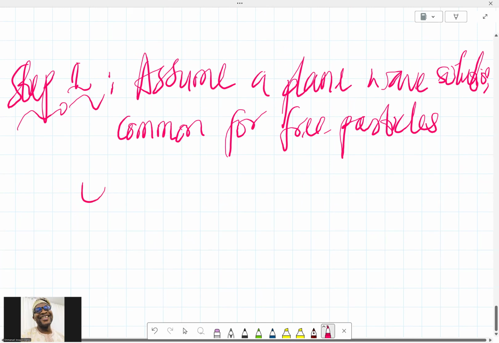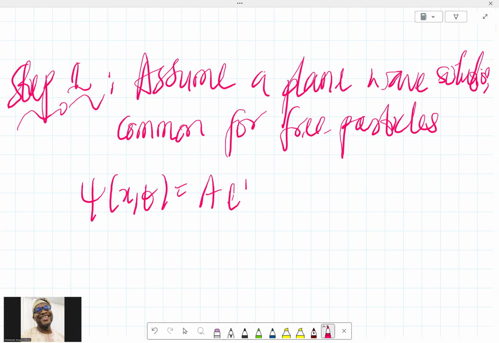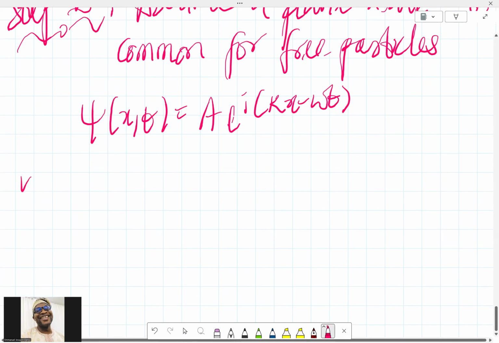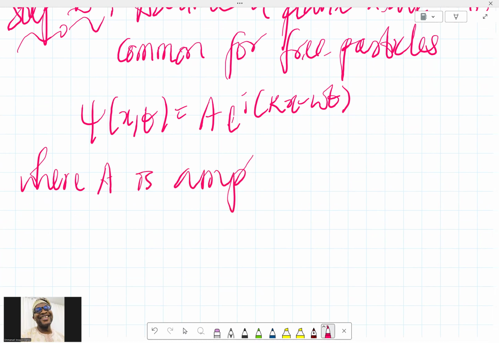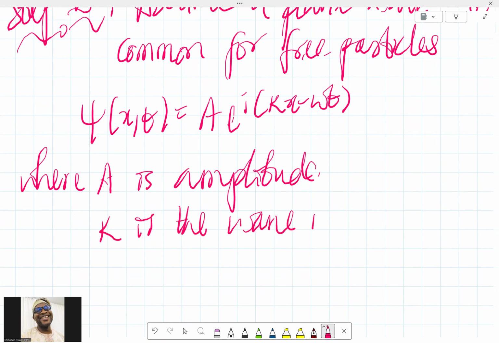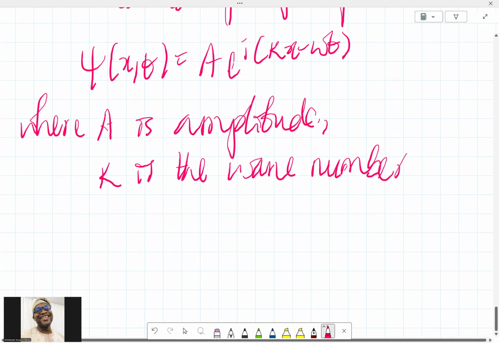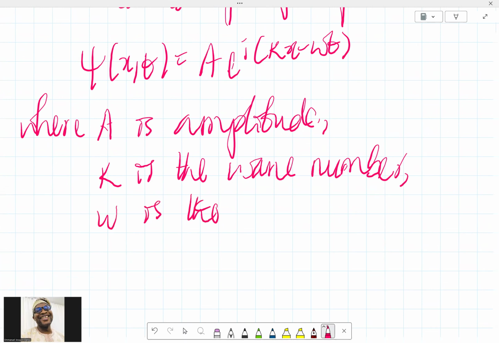So that's psi of x comma t equals A e raised to i times kx minus omega t. That's a plane wave solution, where A is amplitude, k is the wave number, and omega is the angular frequency.